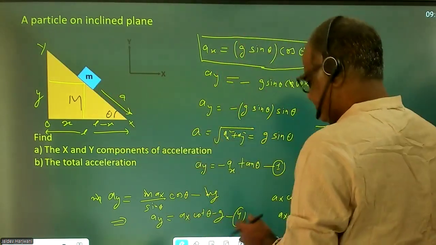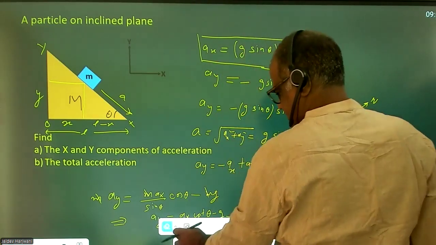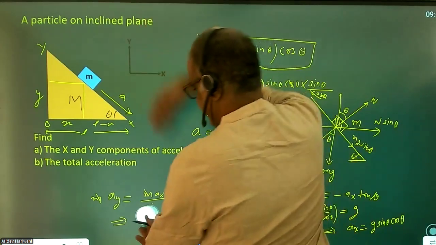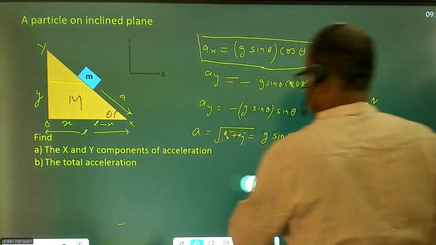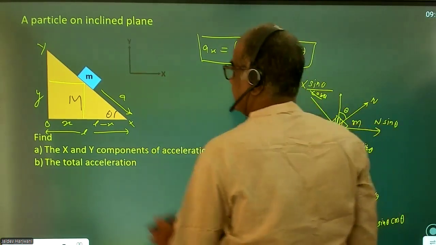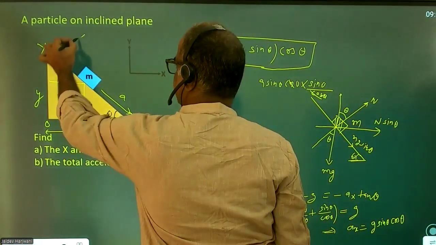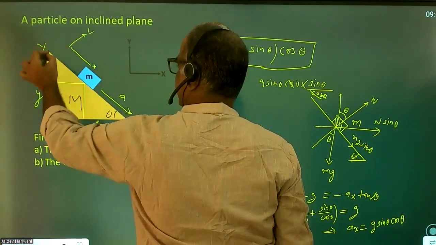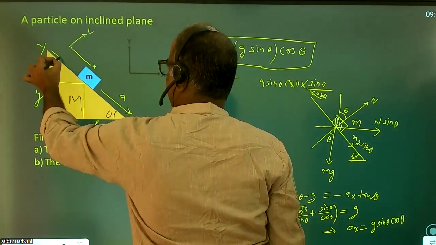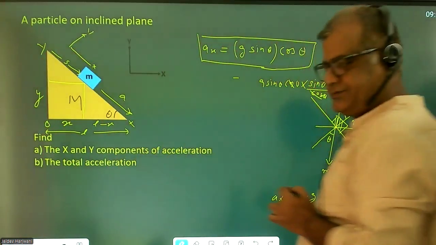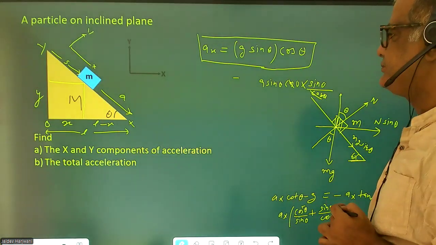So instead of taking my xy direction like this, I can simply choose my x direction in this direction directly, and then y. Okay, and then I say this is my s, distance is s, acceleration is a.